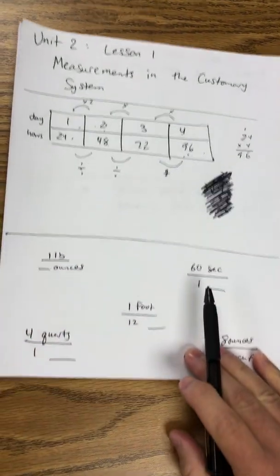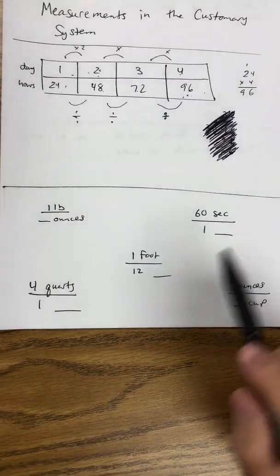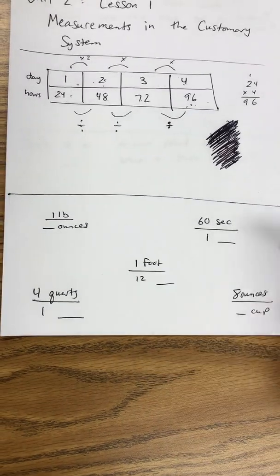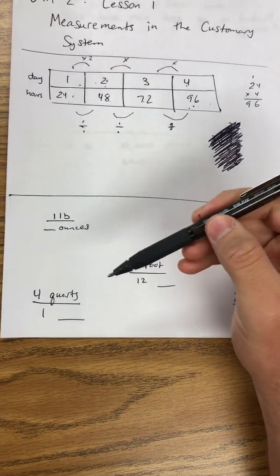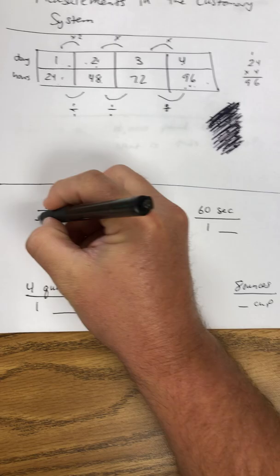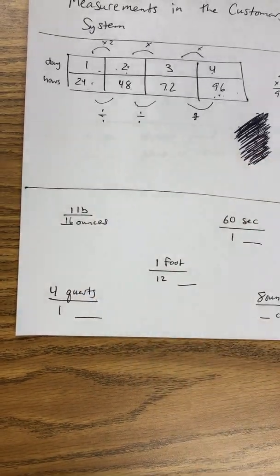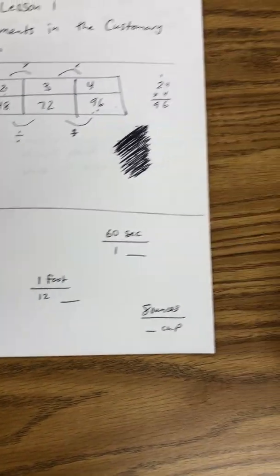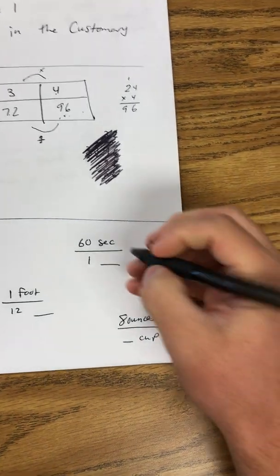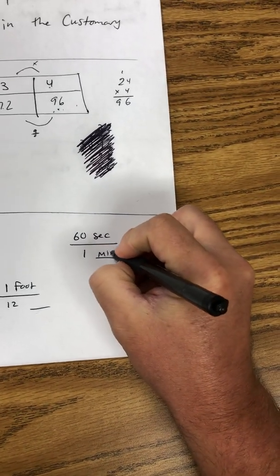Let's look at a couple measurements that we know already and fill in some blanks. 1 pound, we know because we've used it before, is 16 ounces. 60 seconds equals 1 minute.